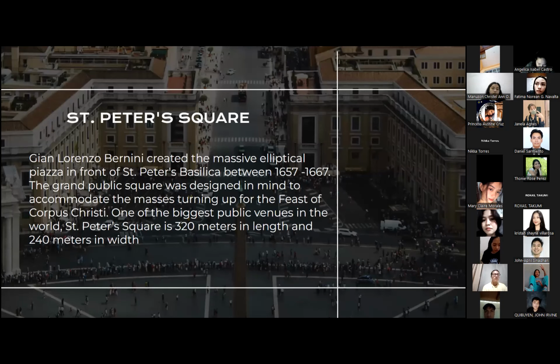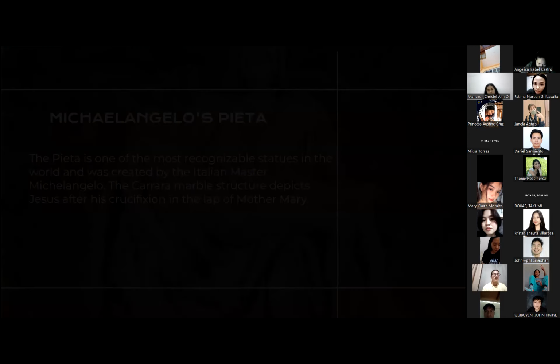What to see? The most impressive part of the square, besides its size, is the 284 columns and 88 pilasters that flank the square in a colonnade of 4 rows. Above the columns, there are 140 statues of saints created in 1670 by the disciples of Bernini, providing an approach to the great church.